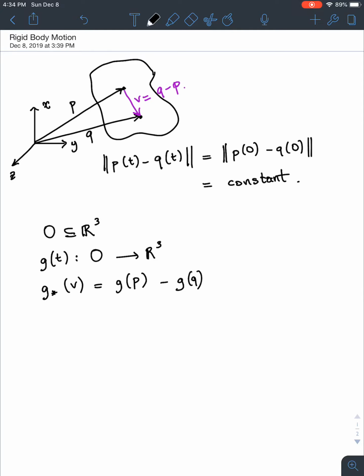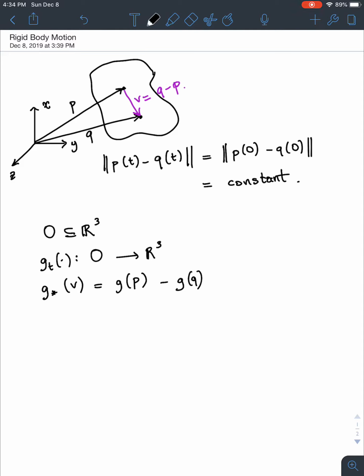Of course, I'll just parameterize this map by t. For every t, you're going to get a transformation. Then we suppress its dependence on t, okay?